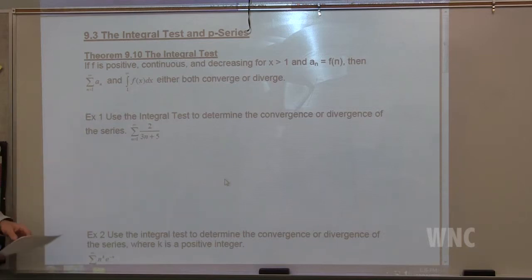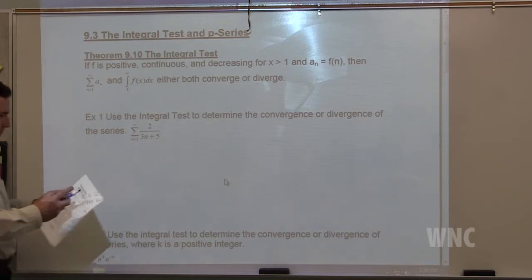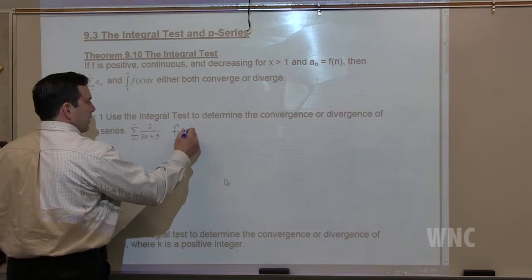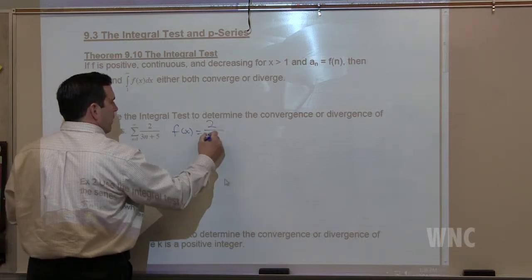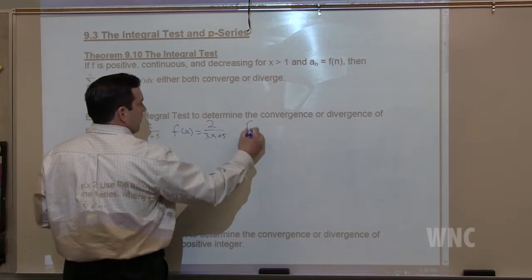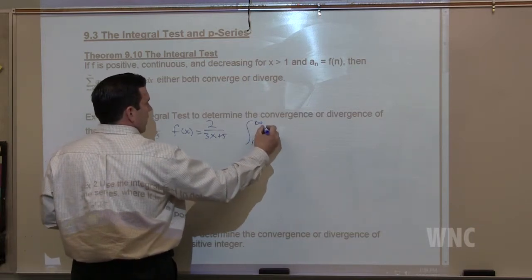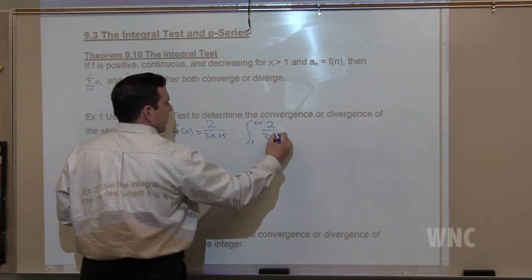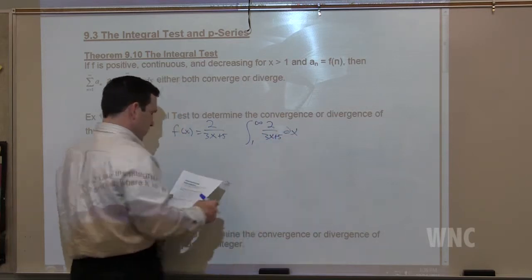So we're going to use the integral test to determine the convergence or divergence of this series. We'll say f of x equals 2 over 3x plus 5, and we'll do the integral from 1 to infinity of 2 over 3x plus 5 dx.